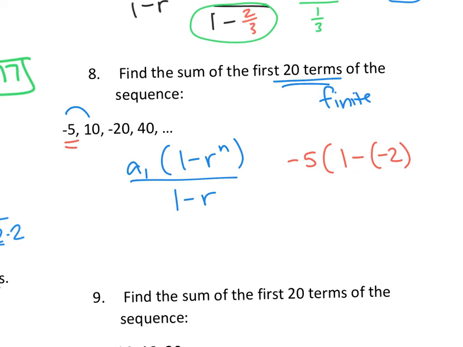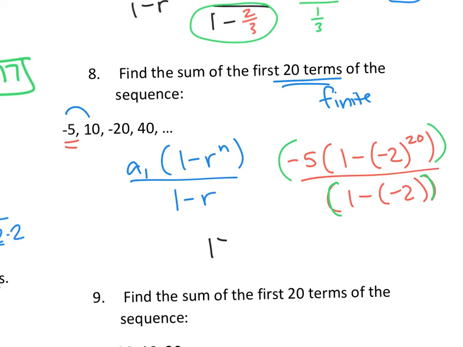Now I'm putting that in parentheses because it makes a difference with the power. To the 20th power over 1 minus -2. If you put this in your calculator, you should put parentheses around the numerator and denominator. So try it in your calculator and you should get 1,747,625.